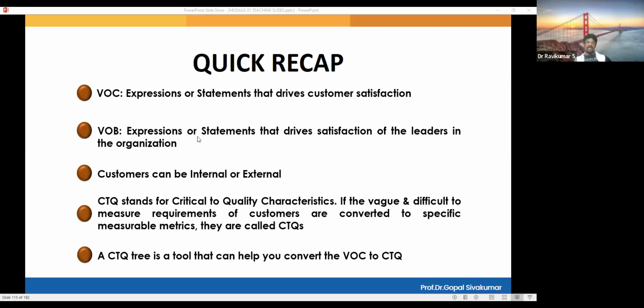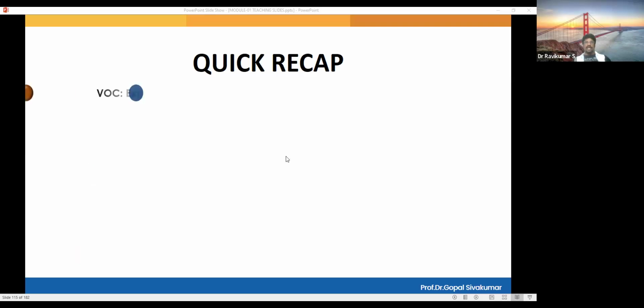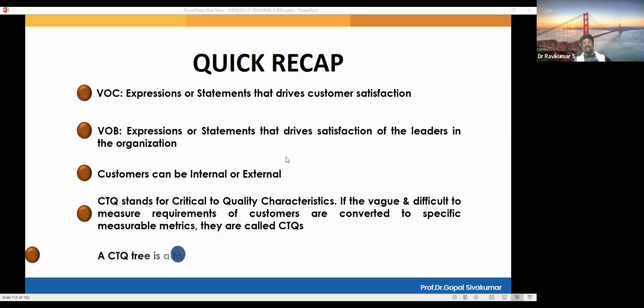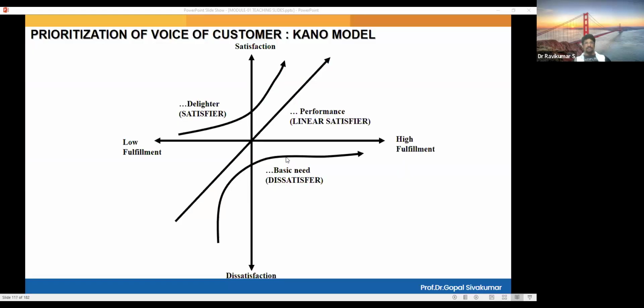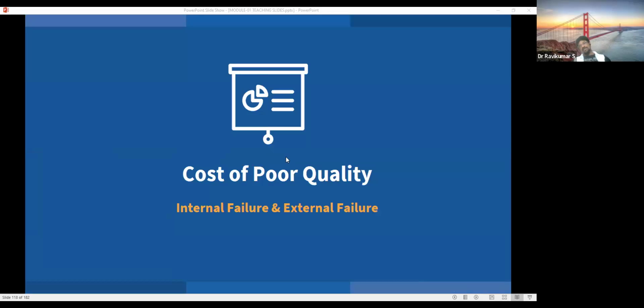At the end of the day, you should be able to identify VOC, VOB and CTQ, which will help you convert the voice of the customer and VOB into measurable, understandable, specific data.